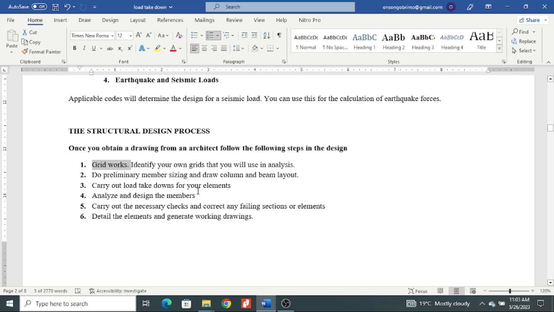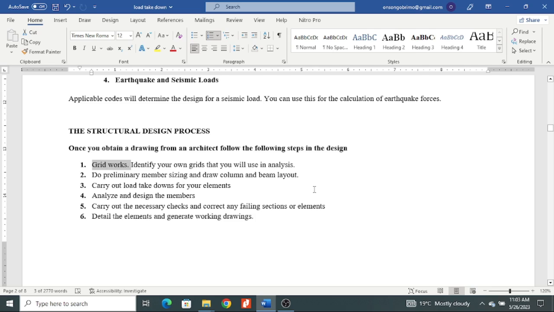After identification of grid lines and coming up with positions of elements, the next thing an engineer does is preliminary member sizing and draw a column beam layout.